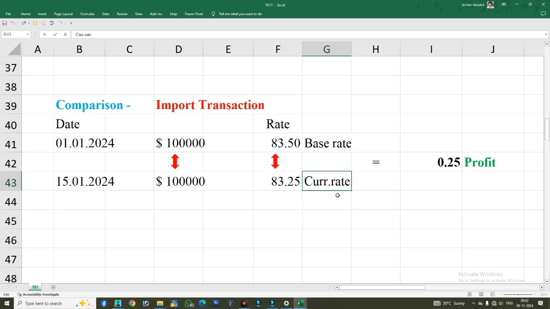Now exactly opposite to the export transaction, where we calculated current rate minus base rate, here it is base rate minus current rate. You can see the answer is 0.25. This is profit because of paying less than the base rate, 0.25 paisa per dollar by Sunflower Limited.